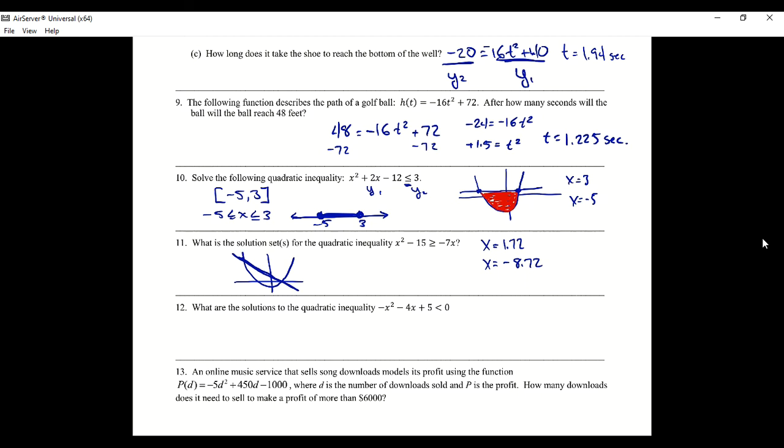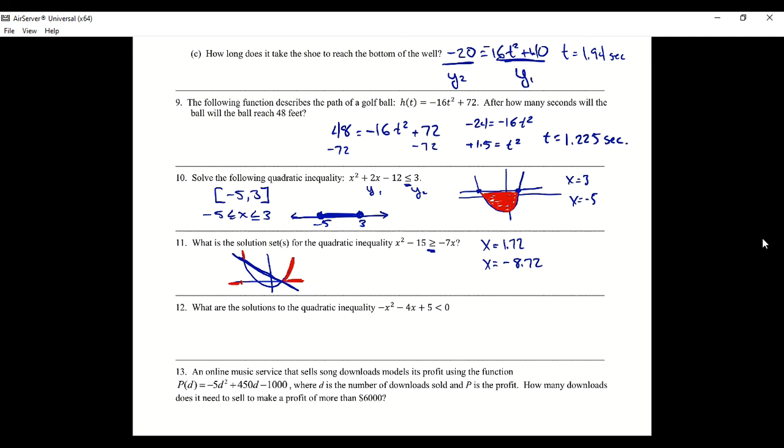Now, inequality is saying greater than. Therefore, we're looking for the pieces of our parabola that are above. So our intervals are going to be outside our points.